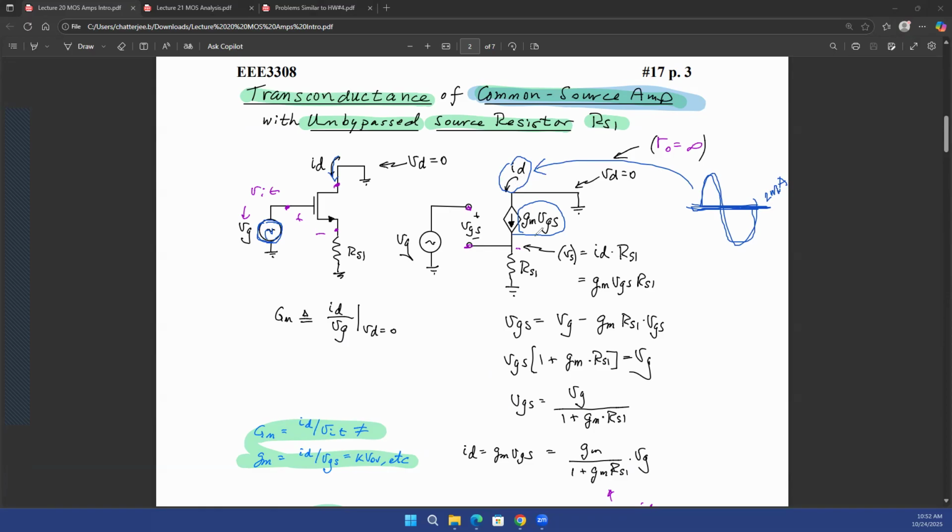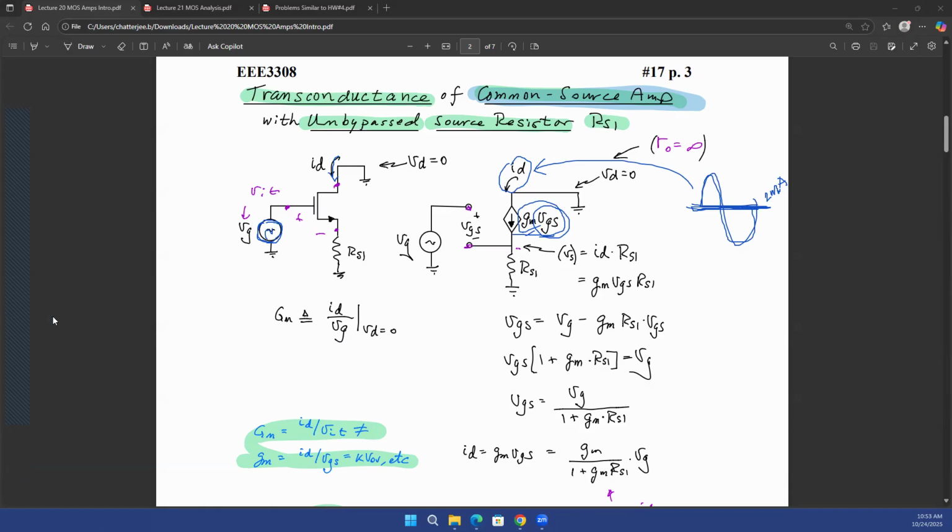And that lowercase ID is a function of the lowercase VGS, which is the AC input voltage between the gate and the source, effectively. And GM is the transconductance quantity, which relates your VGS with your output ID. This is also an AC quantity because you want to relate your input AC voltage with your output AC current. That's the job of GM.